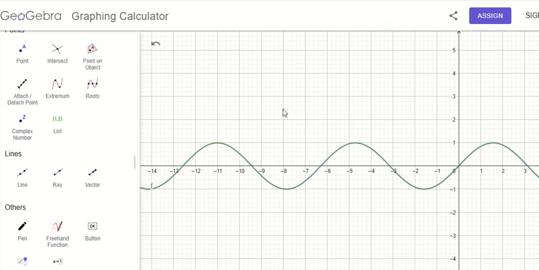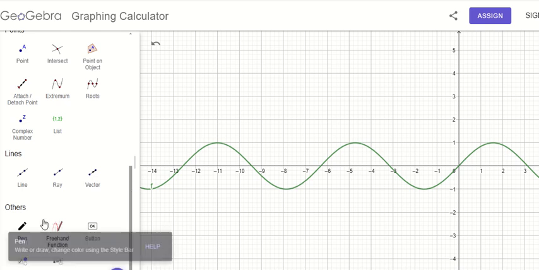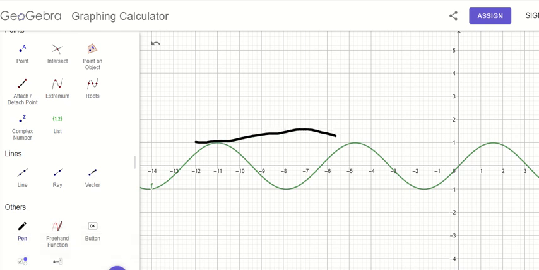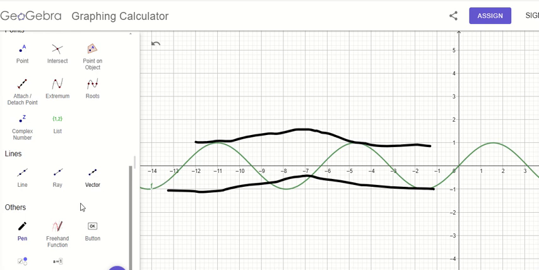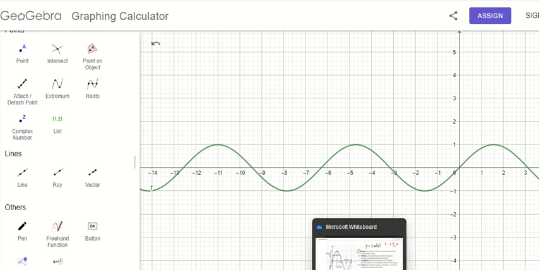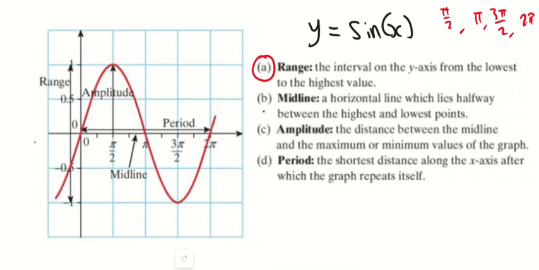So you should be able to see there that it goes from 1 down to -1, and that's what the range is. So the highest thing is the 1 and the lowest thing is the -1. So if we were to get the range for that one, it would be 1 to -1, or I should probably put it in between there.